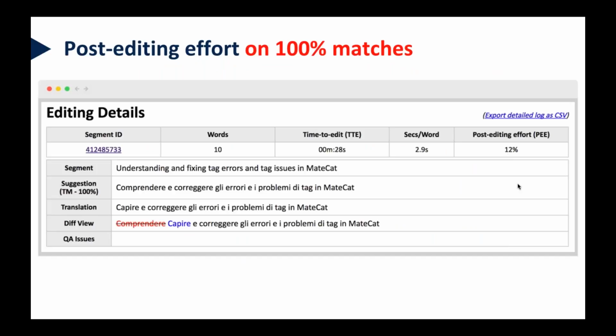Now, I ask you to remember the figure about post-editing effort for a 100% translation match being 12%. Why did I ask you to do that?